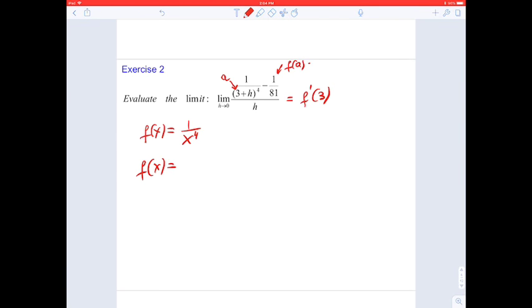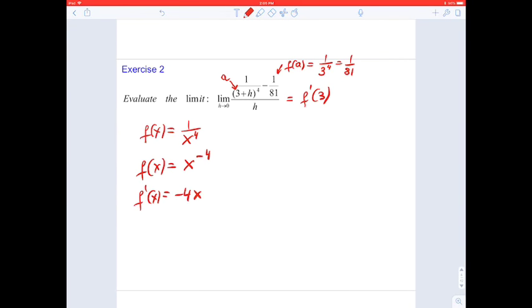If we remember, f of a will be 1 over 3 to the power of 4, which is 81. Okay, everything works. Let's rewrite the function 1 over x to the power of 4 as x to the power of negative 4, and now let's differentiate.